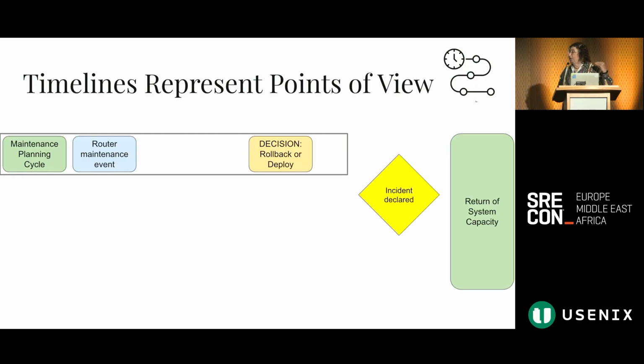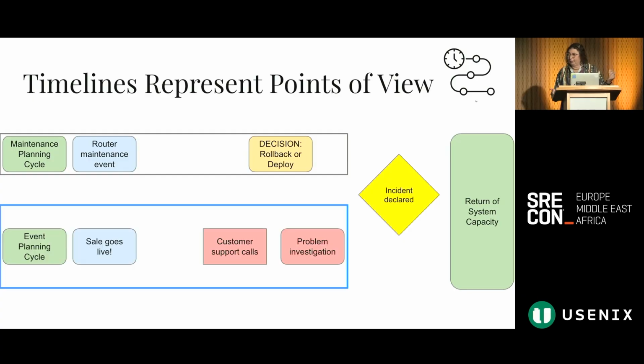As you can see in the slide that I'm showing here, this is a very simplified view of what the ops team was able to see. And this is the view of how the events looked from the customer care team. The main point I want to make on this slide is that timeline information, even though we are looking at it in 2020 hindsight and we see this beautiful linear story, at the time that the events were happening, the full story wasn't available to most or any one particular participant.